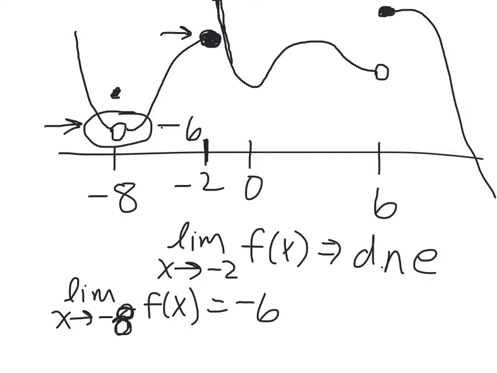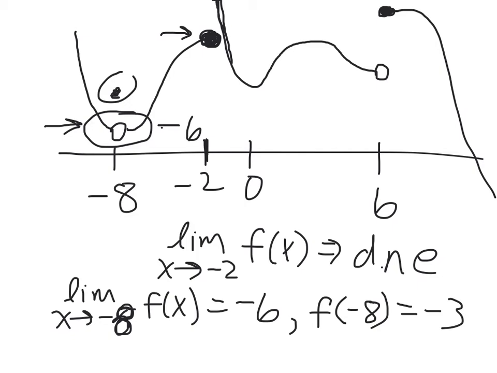But that limit's -6. But why do we have the point here? What's that tell us? That's the y value for the function, f of -8. And again, looking at the graph, this should actually be at -3 for the y value.